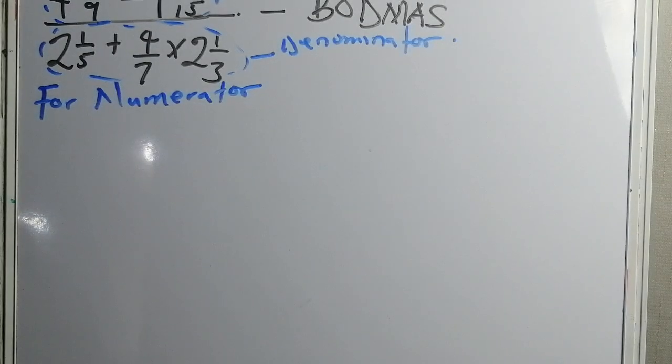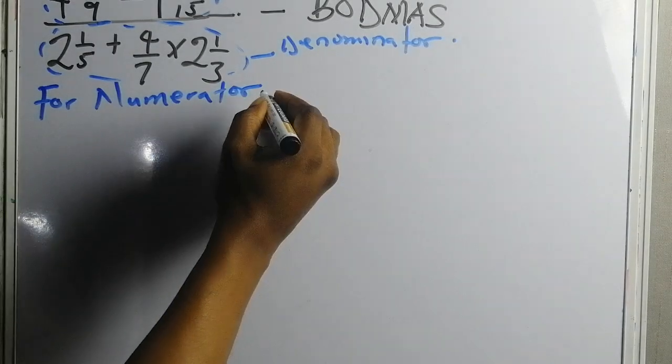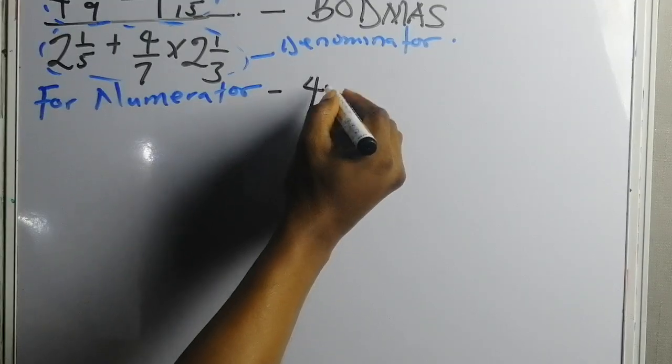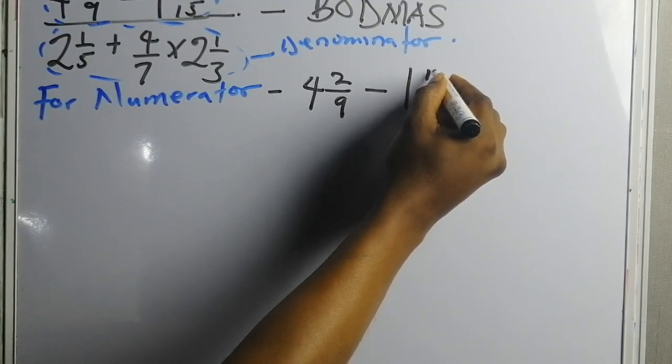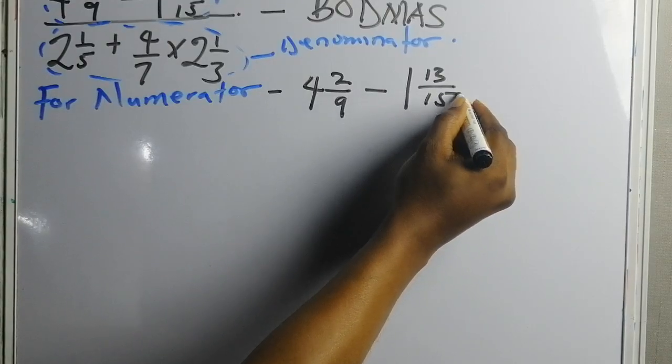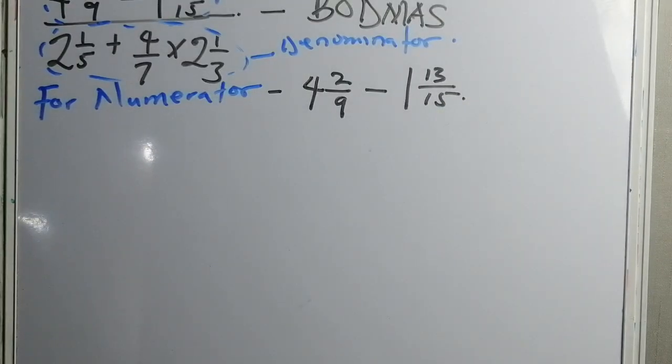So for the numerator, we have 4 whole number 2 over 9 minus 1 whole number 13 over 15.